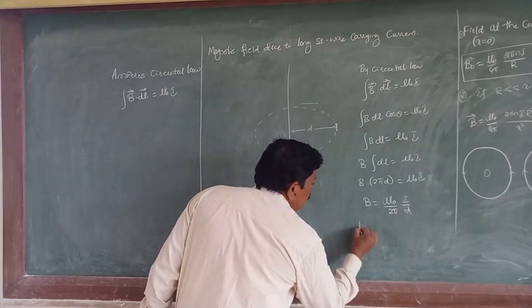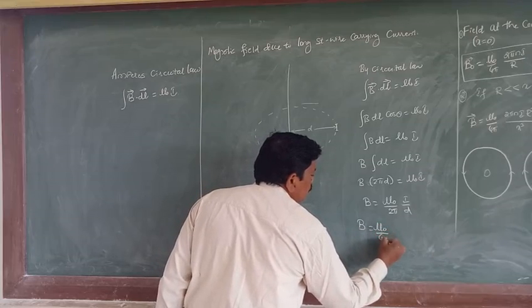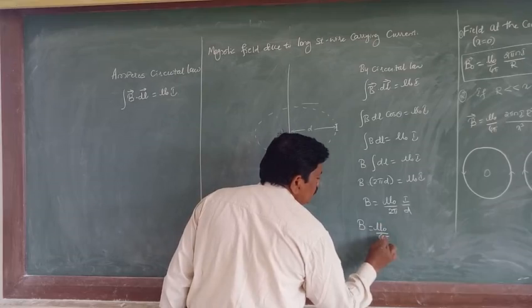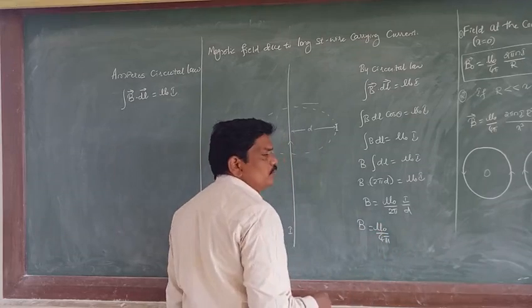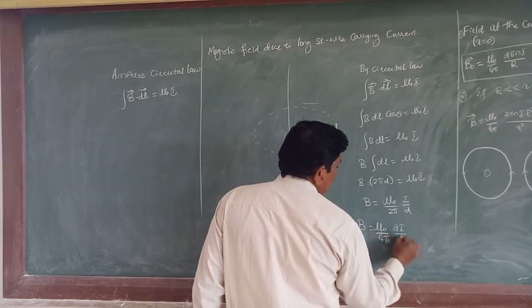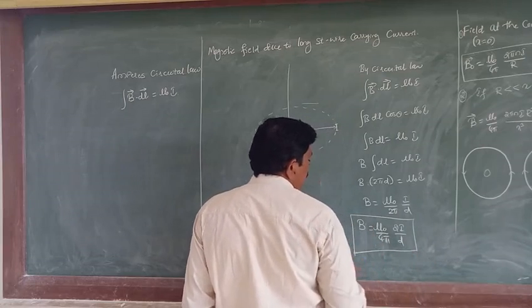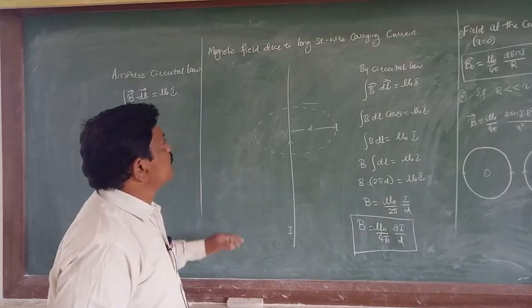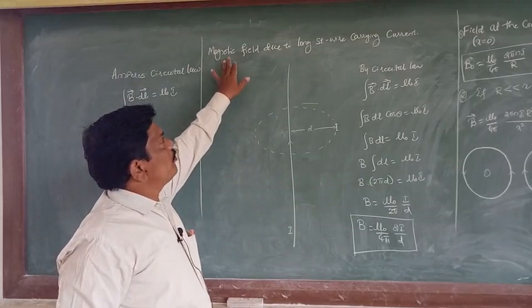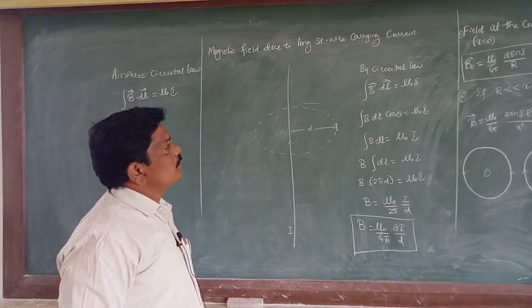Or also we can write, instead of 2 pi, mu naught upon 4 pi, 2I by d. So this is a very important expression for the magnetic field due to a long straight wire carrying current.